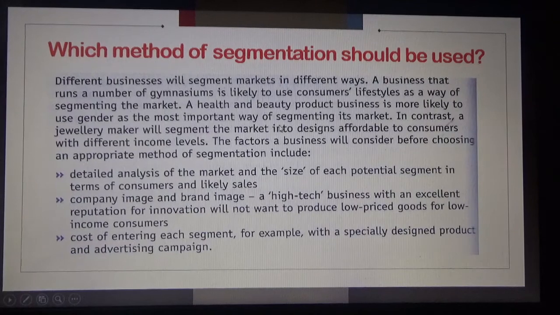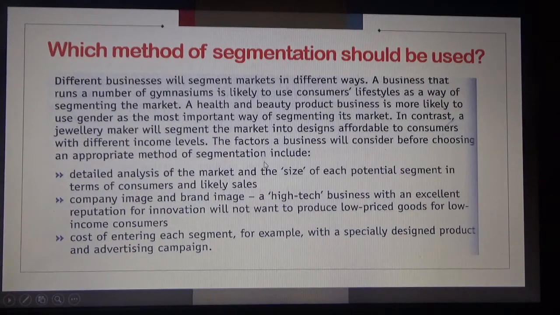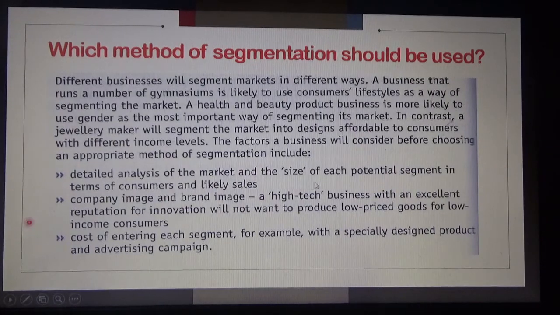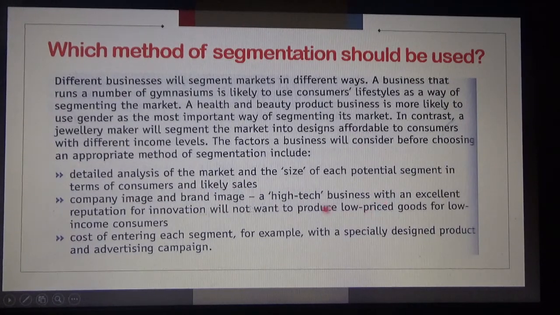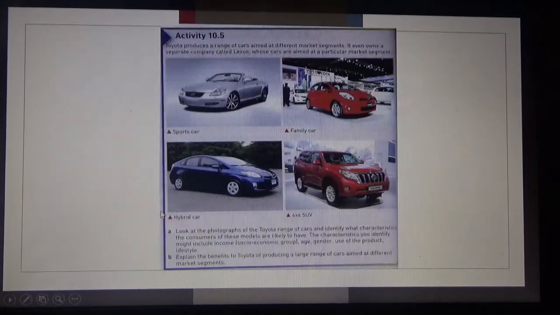In contrast, a jewelry maker will segment the market into designs affordable to consumers with different income levels. The factors a business will consider before choosing an appropriate method of segmentation include detailed analysis of the market and the size of its potential segment in terms of consumers.